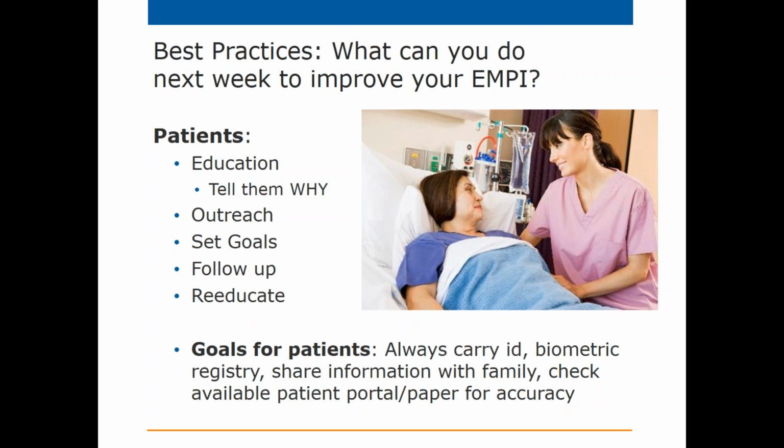You know, a lot of folks want to go to an iris scan or something like that, which may be a little more invasive for some folks, but if biometric is available, then go for that. Share information with your family or make them someone that can access your records, and check your patient portal. Make sure it's accurate. You know, you want them to help you keep an accurate information for them.